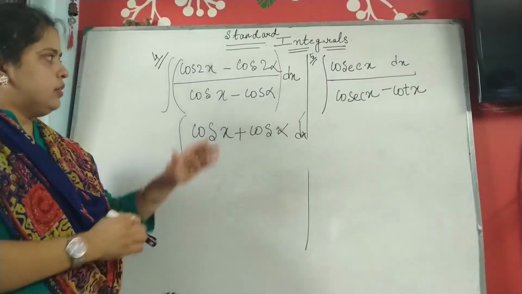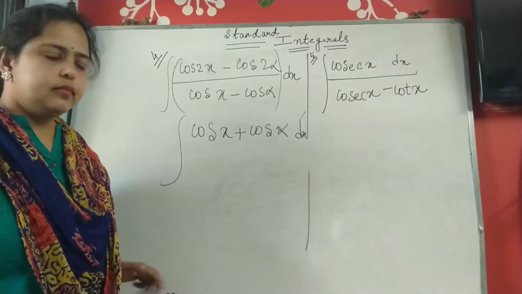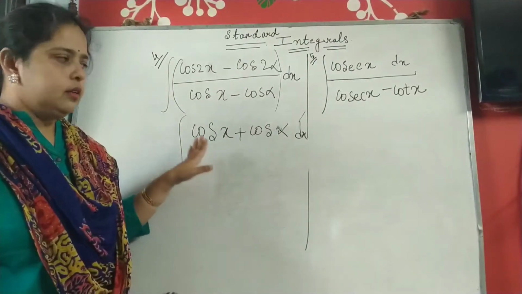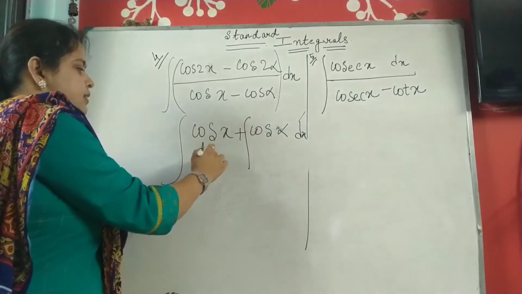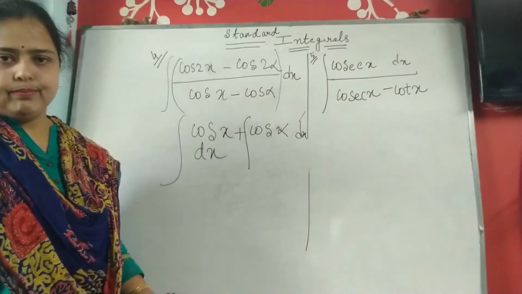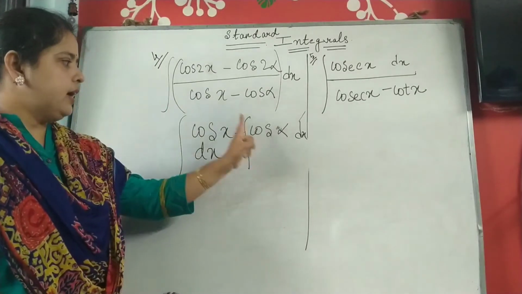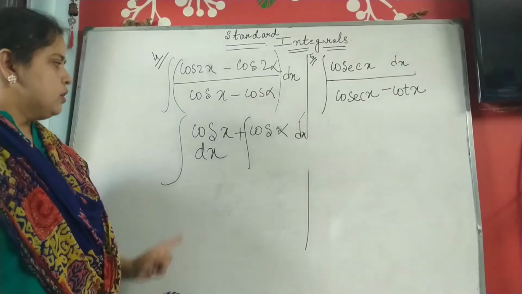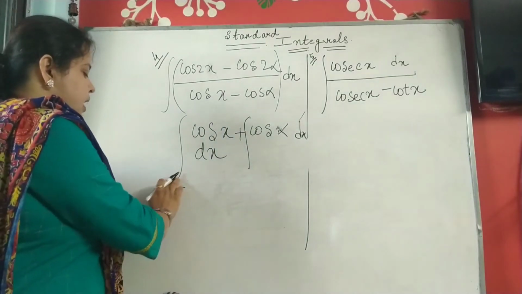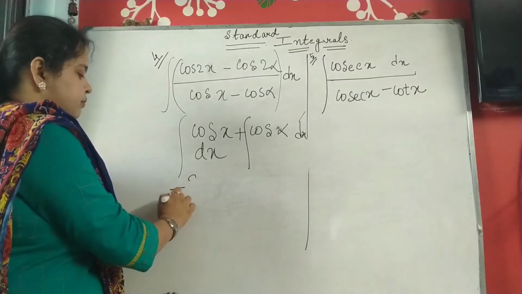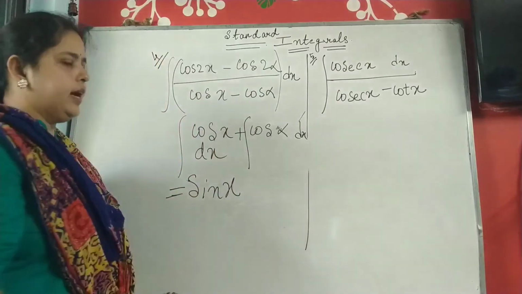So now the entire integrand is reduced to a simpler form. We can solve this integration by solving them separately. So cos x dx and cos alpha dx. So cos x dx, it is giving me the answer of sin x.